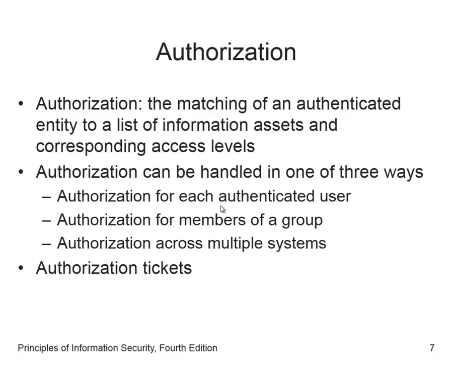Authorization can be handled in one of three ways: authorization for each authenticated user, authorization for members of a group, so we can give the authorization to the group, and then anyone in the group will get the proper authorization to the directories and the files, and authorization across multiple systems.